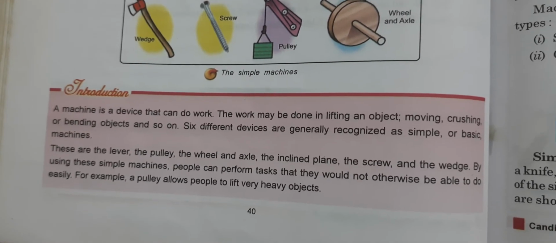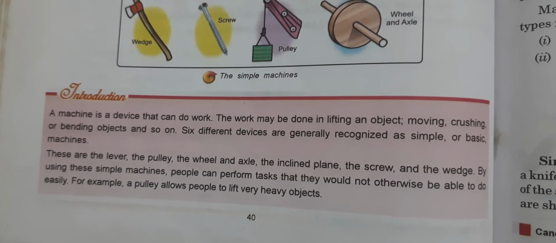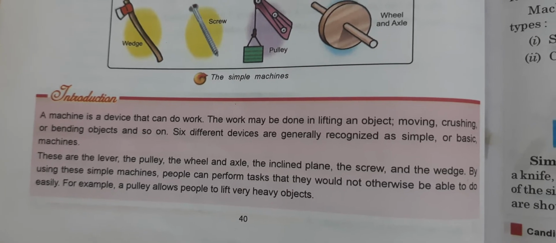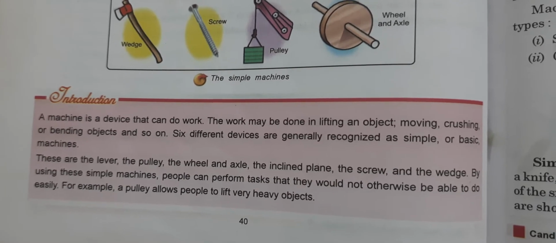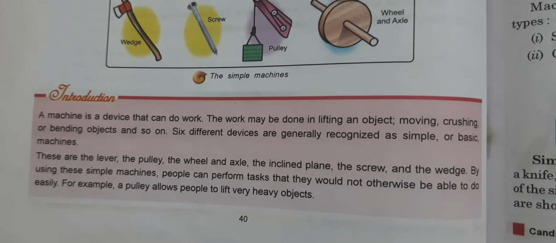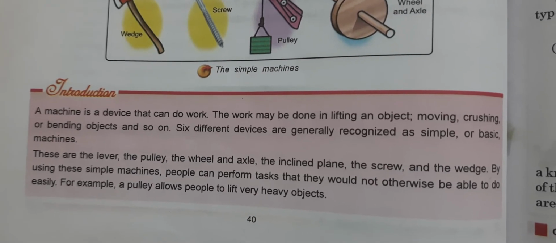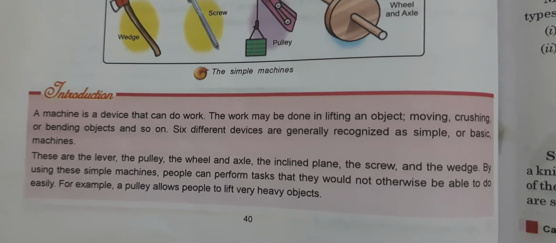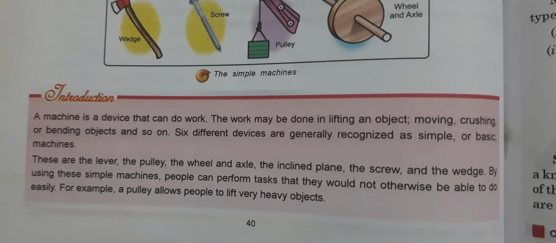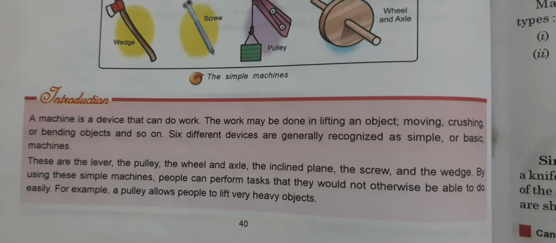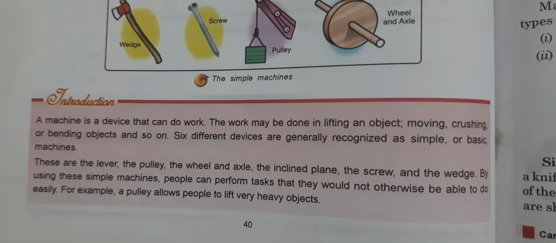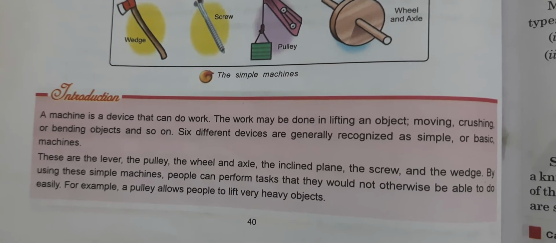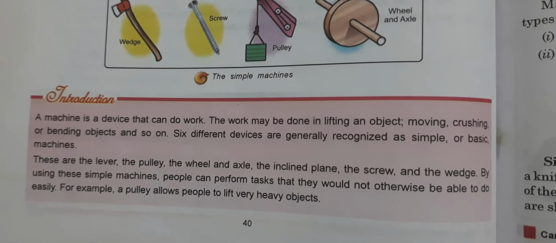You just have to poke the plastic object with the stick, and then you can pick it up without bending. So now that stick becomes a machine for you because that stick is making your work easier. So anything that makes your work easier or makes you work faster, that thing becomes a machine.